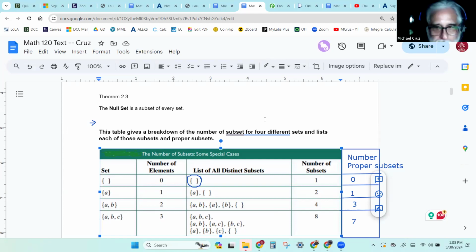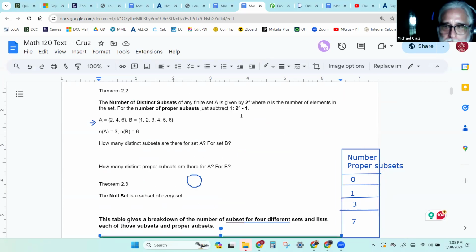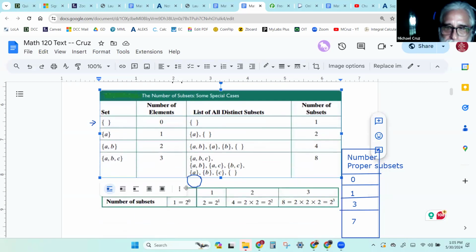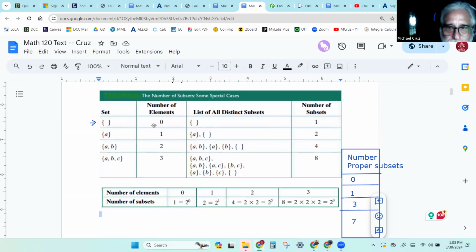Okay, the number of subsets can be just calculated using the formula 2 to the n. And that was what was done down here. I'll just point that out one more time. 2 to the 0 power. This is your power. The 2 is the base. 2 to the 0 power is 1. So 1 subset, subtracting 1 gives us 0 proper subsets. 2 to the first power, the number of elements is 2.